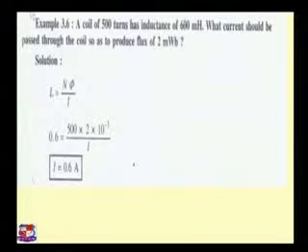So 2 milliwebers is equal to 2 into 10 raised to minus 3 Weber. So we get the current I is equal to 0.6 ampere.